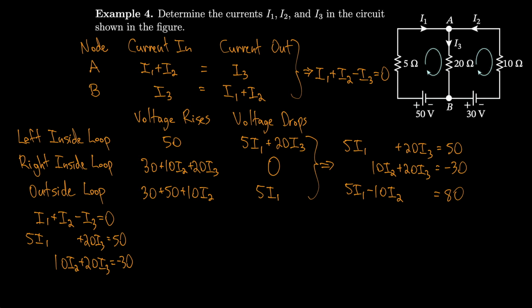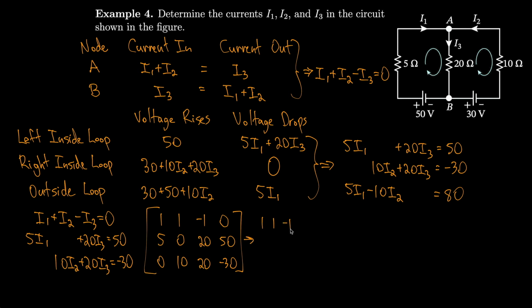So now I'll solve the system I do have by writing the coefficients 1, 1, minus 1, 0, 5, 0, 20, 50, 0, 10, 20, minus 30. Okay, so that becomes 1, 1, minus 1, 0, 0, minus 1, 5, 10.